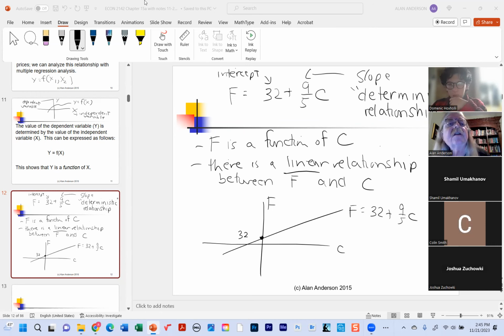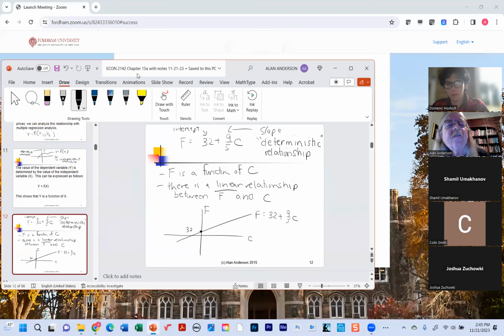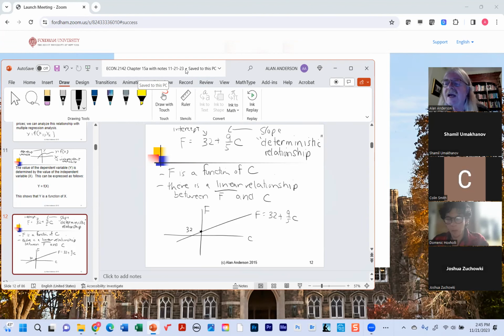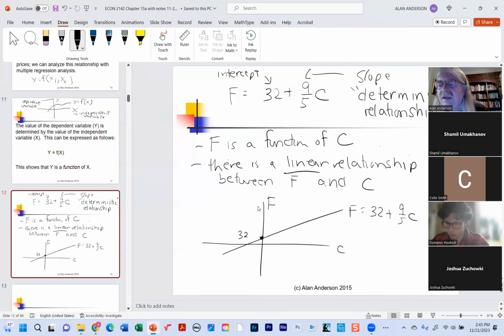In fact, I changed the title slightly. It's now 15A with notes 11, 21, 23. So when you see it in Blackboard next to the original one, you'll know why. So you will have a copy of these. That way, if you don't quite get everything, if you miss something, or if you don't want to write it down, you'll have a copy of this anyway. Okay.